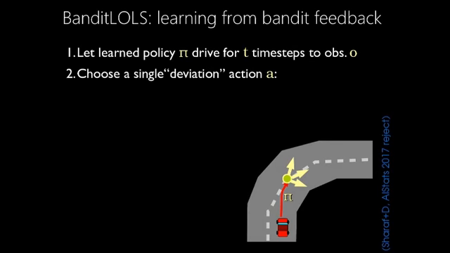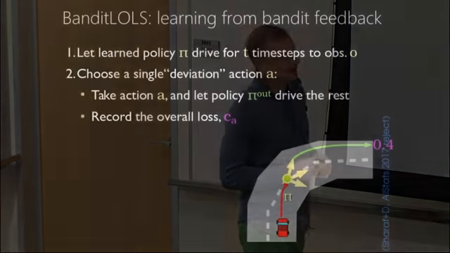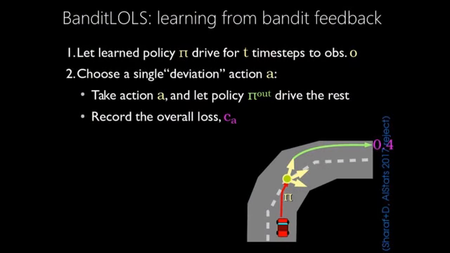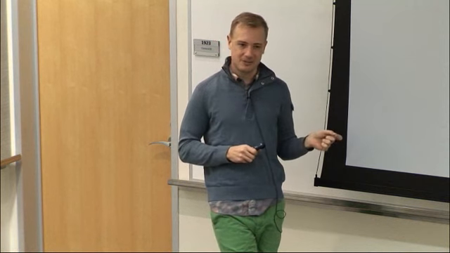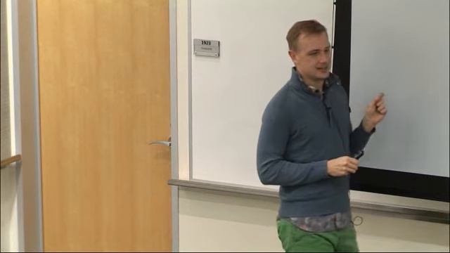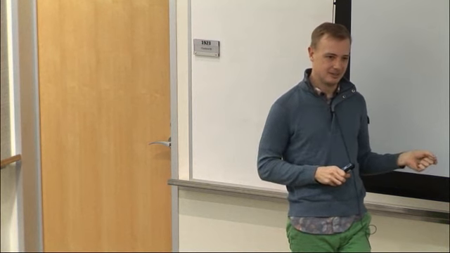And I'm going to pick one of them at random. Maybe not uniformly at random, but somehow. And I'm going to let some other policy, which I'm going to call pi out, drive for the rest of time. You should not think about pi out as the expert. You should think about pi out as some existing system that I have that's probably not optimal.